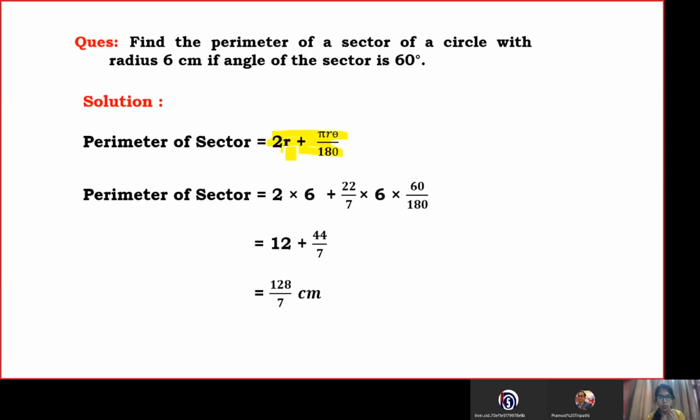That is 2 into the radius, which is 6, plus the value of pi, 22 by 7, radius 6 centimeters into theta, that is 60 upon 180. Once you calculate, you will get the value as 128 upon 7 centimeters. Fine. So we have understood how we deal with area and perimeter of sectors of a circle.